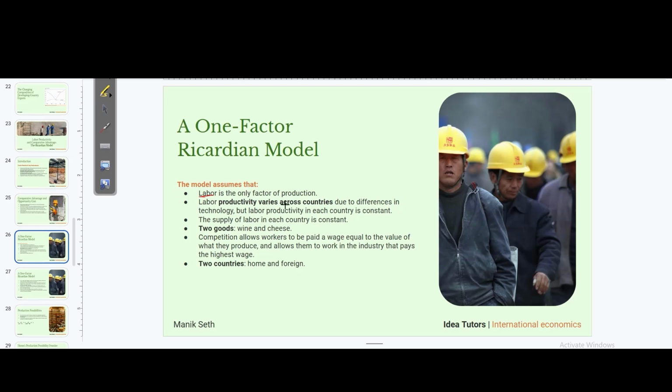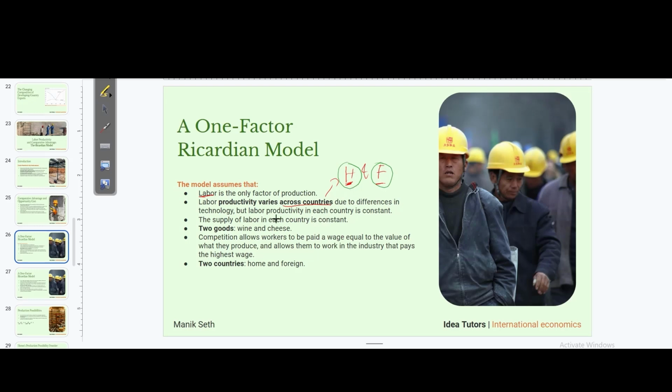Labor productivity varies across countries due to differences in technology, but labor productivity in each country is constant. So between the home and foreign country, the productivity of labor is different because we are assuming that there is a technology difference in these two countries. The technological advancement is different in the home and foreign country, and that's why there is a difference in the productivity of labor between home and foreign.